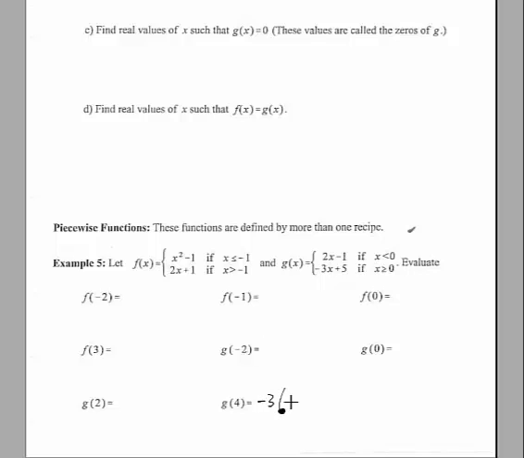So negative 3 times 4 plus 5, negative 12 plus 5, negative 7.